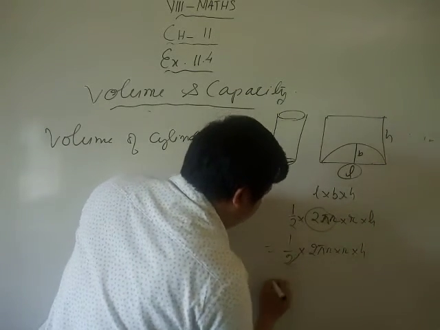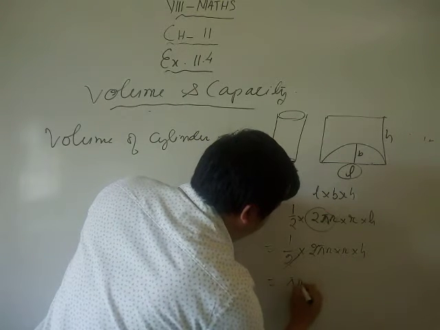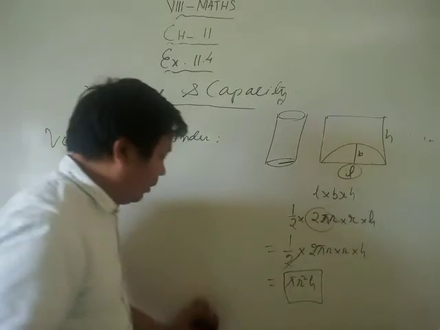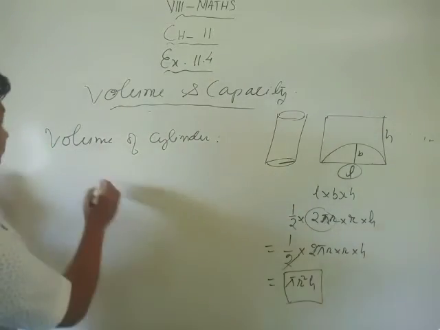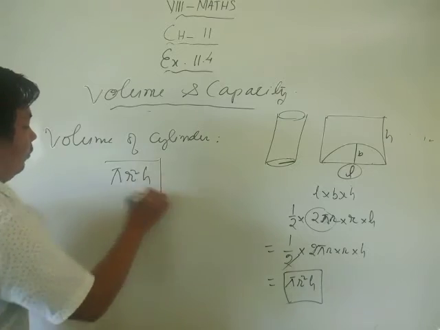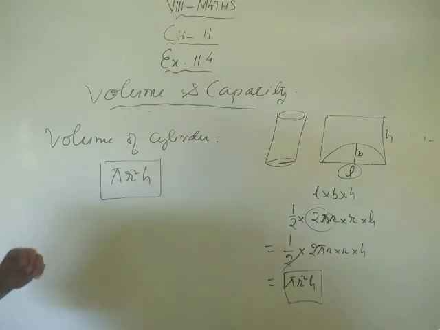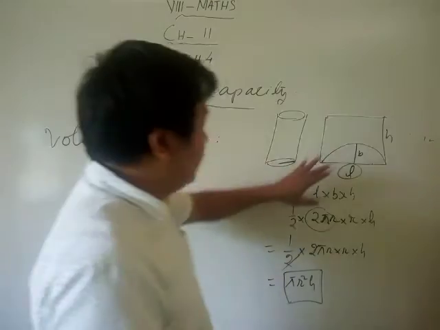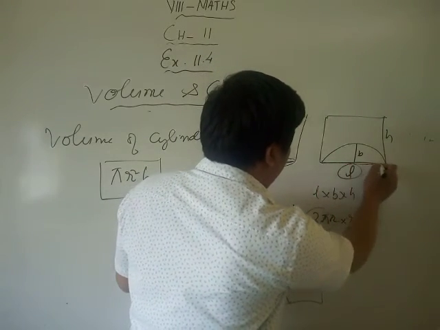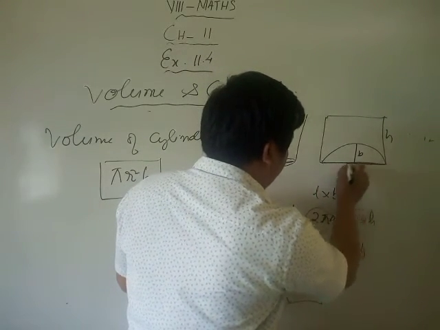So this two will cancel, then it's pi r square h. Pi r square h is the formula to find out the volume of cylinder. Because here you can see this is the semicircle.